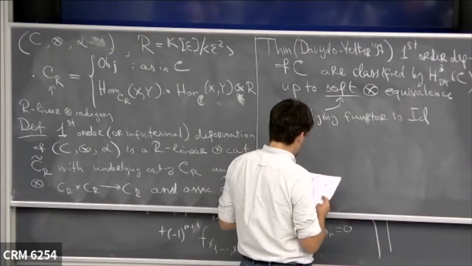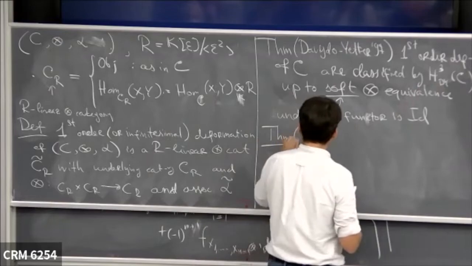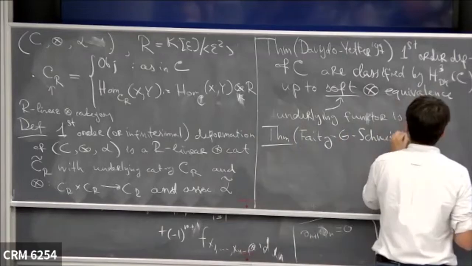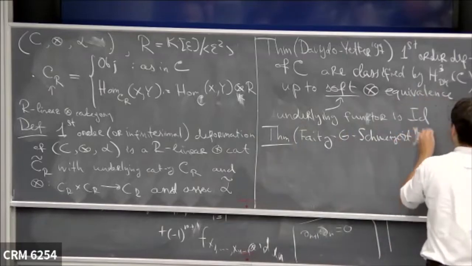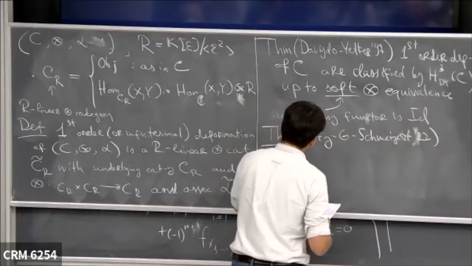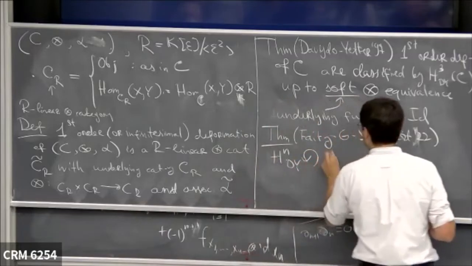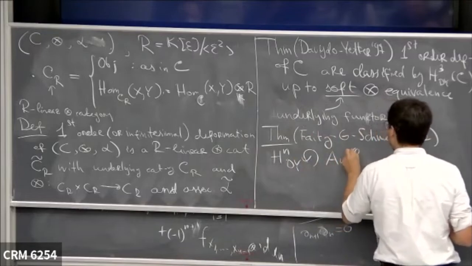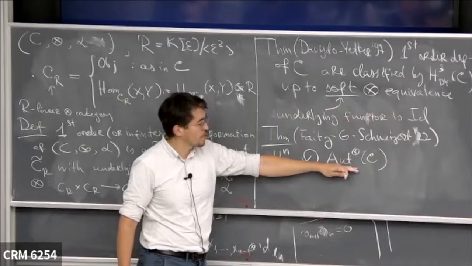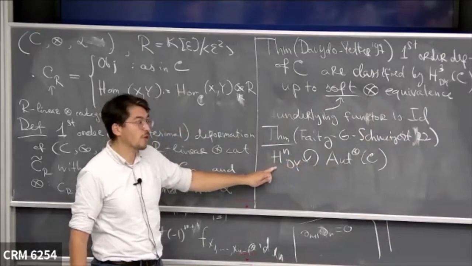We have an extension of this theorem in the work with Faitg, Gainutdinov, myself and Christoph Schweigert, in 2022: on H n dy we have an action of the group of tensor auto-equivalences of C. So you can introduce the group of symmetries of your category, the group of tensor auto-equivalences of C, and you can show that it acts on these cohomology spaces.